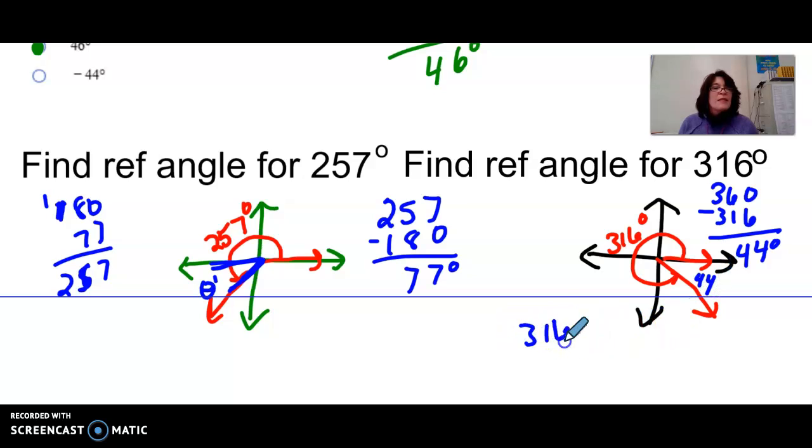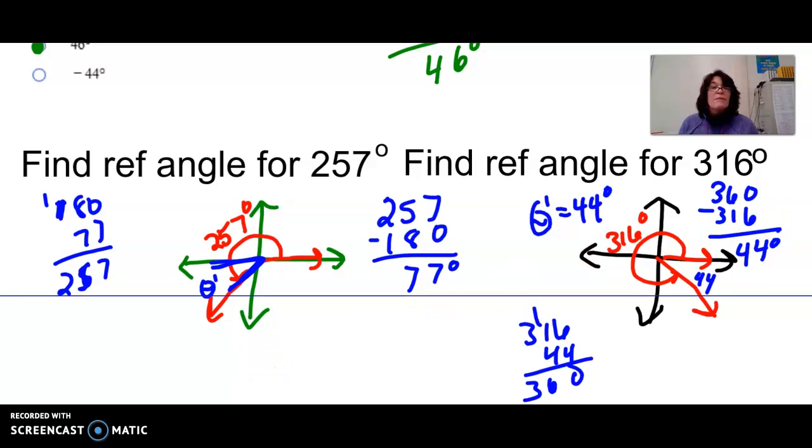If I take 316 plus 44, I get my 360. So this is the angle that's left. That's my reference angle. The reference angle is always going to be something less than 90 degrees, right? And then we can find the sine, cosine, tangent of that. That will be the same as the sine, cosine, tangent of 316. That's what we're saying. That's why we're going to refer to that.